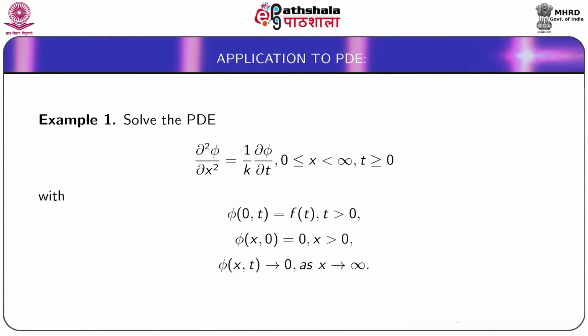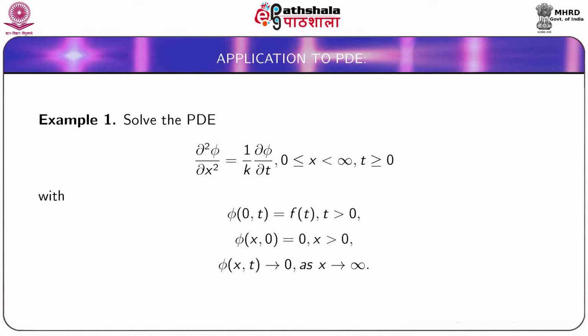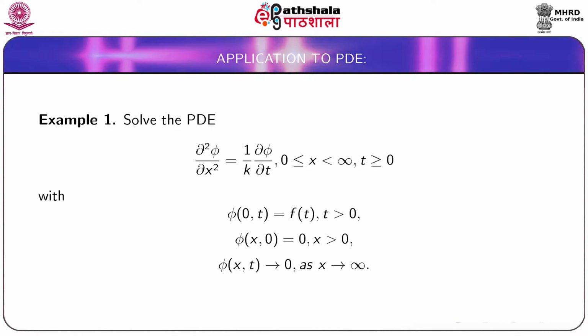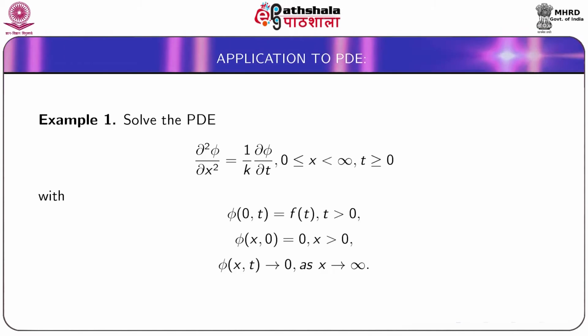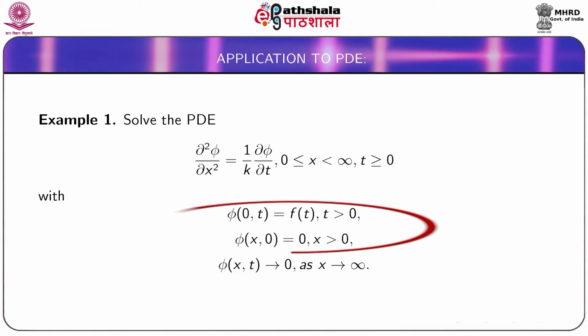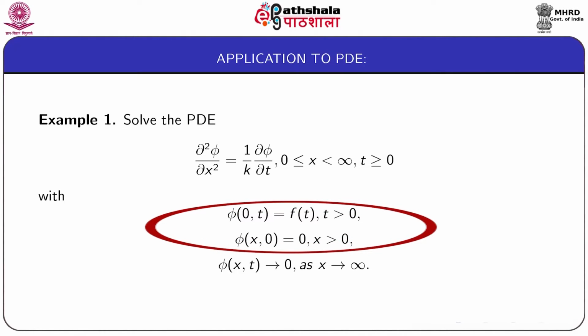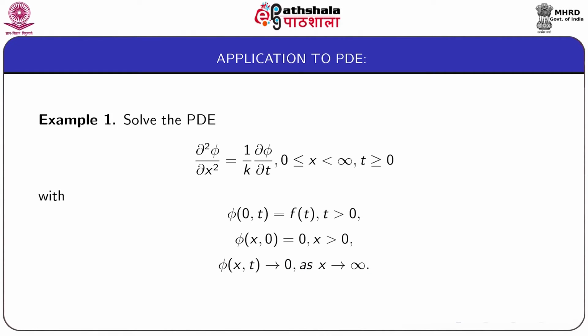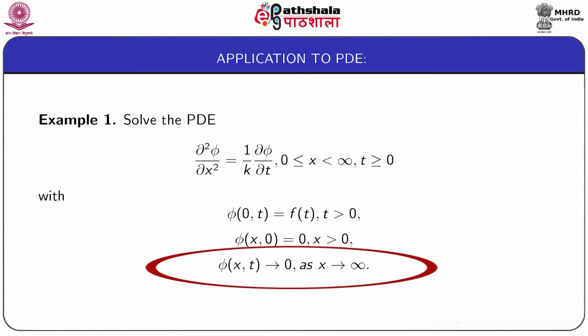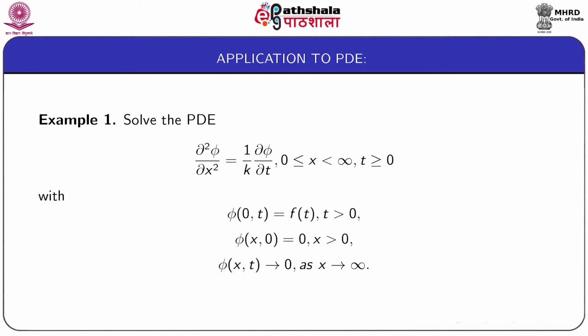Here k is a constant and φ is a function of x and t, with the condition that φ at x equal to 0 is f(t) for t greater than 0, where f(t) is a known function, and φ at t equal to 0 is 0 for x positive, and φ(x,t) tends to 0 as x tends to infinity. We have to solve this partial differential equation along with the initial and boundary conditions.